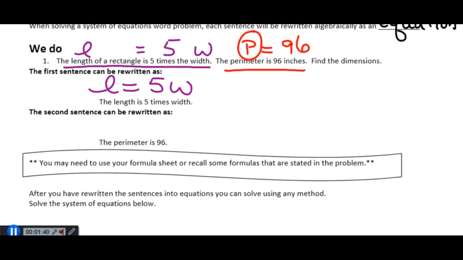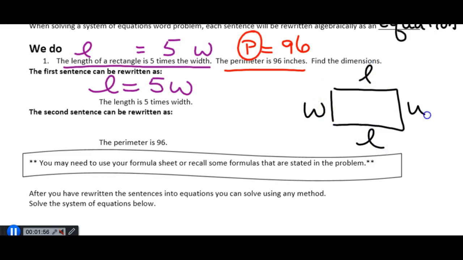You could look at your formula sheet, and there is a perimeter formula on your formula sheet for a rectangle. Or you could think of how you find the perimeter of a rectangle. So I'm just thinking about a rectangle, and I know it has 2 lengths and 2 widths. Well, then I can use that picture to come up with my equation.